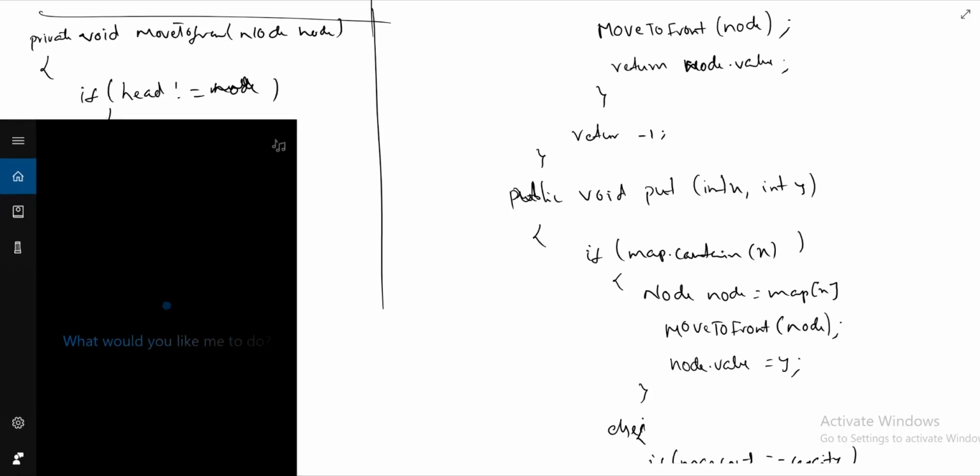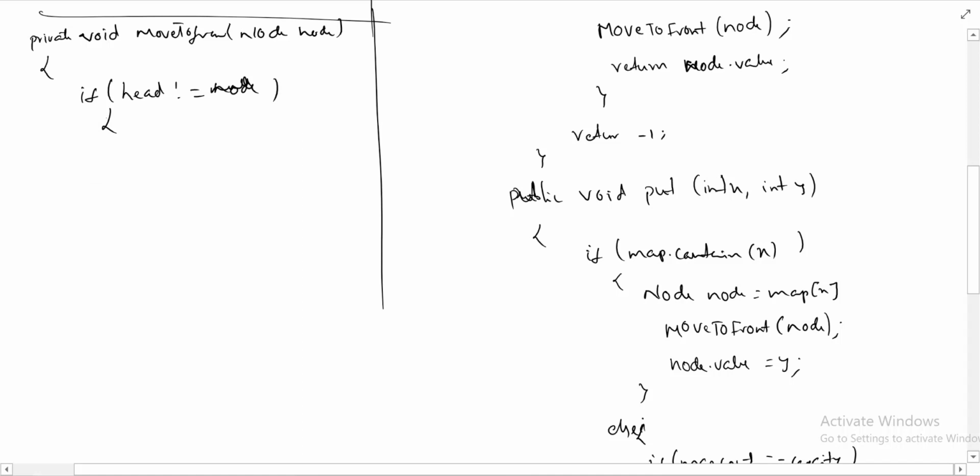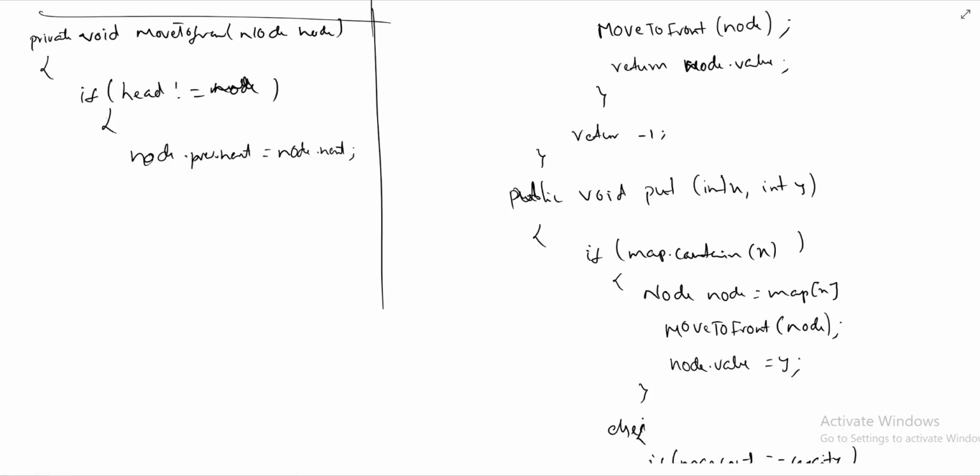So as we have a reference here, this is a reference node, we can just make node dot previous dot next equal to node dot next. Done. We set up a link there. Now we have a few more cases to check. Is that node the last one? And is there anything after that node? Right?